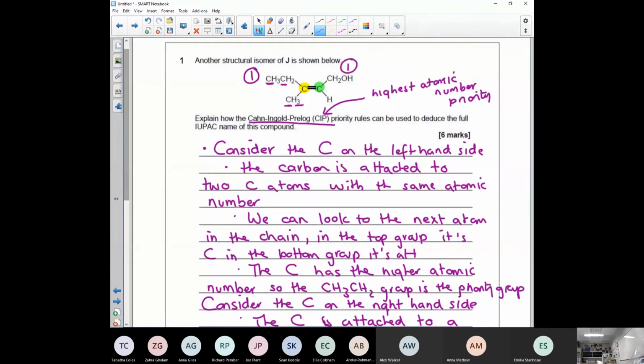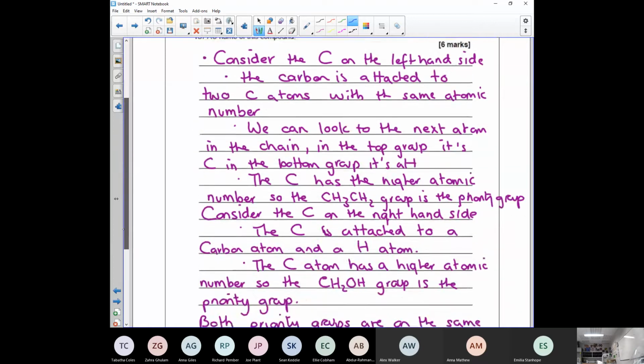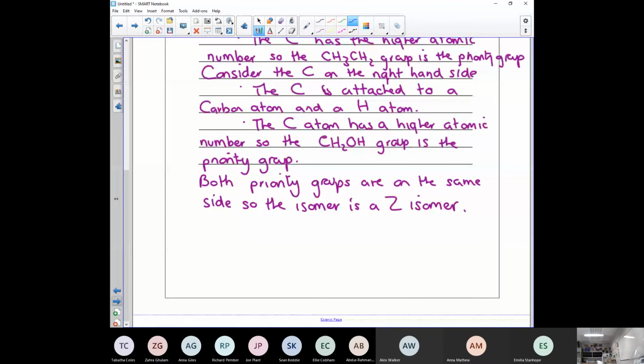So this looks like a bit of a scary thing when it's like this. We already know that it's an alkene because it's got that double bond, but we have to have a nosy to see if there's any other functional groups. So there is. There's a little OH group, so it is an alcohol. So we've already established that it's an alcohol, so the end of our name will end in ol.